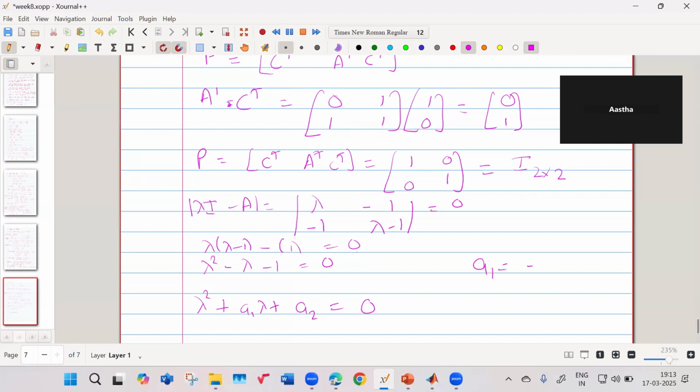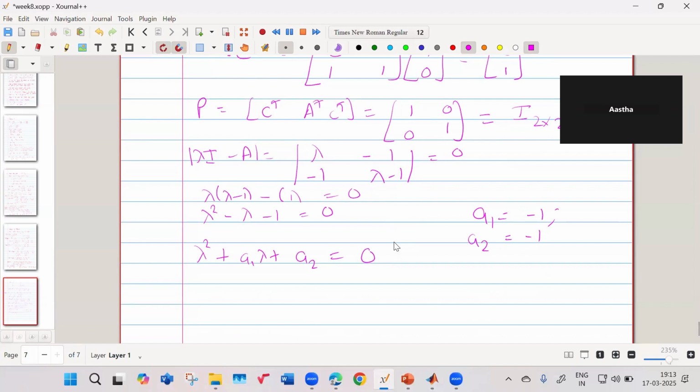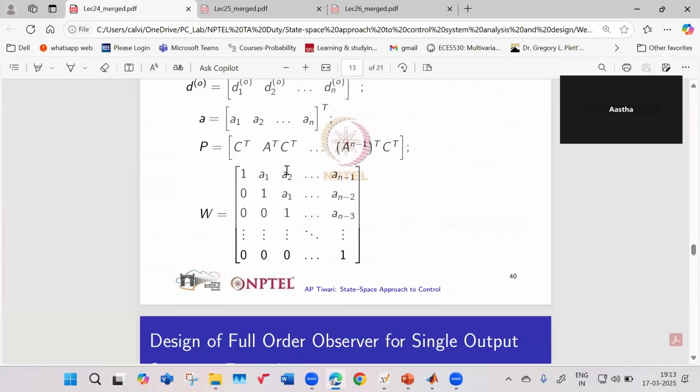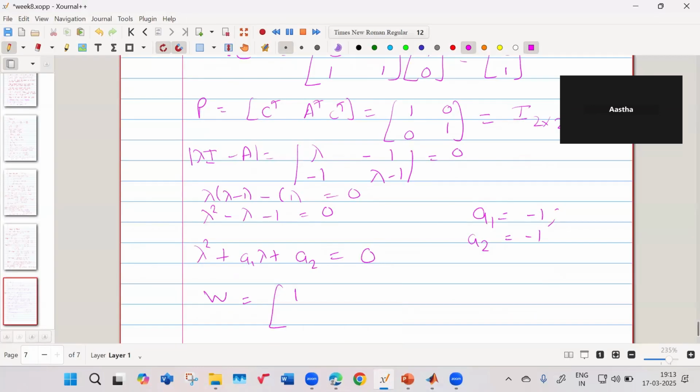So we got a1 is equal to minus 1 and a2 is equal to minus 1. Okay. So the a1 and a2 values we got. So our W actually is equal to, you will remember, just check. W is 1 into a1, 0 into 1. That is 1, minus 1, 0, 1. This is our W matrix.